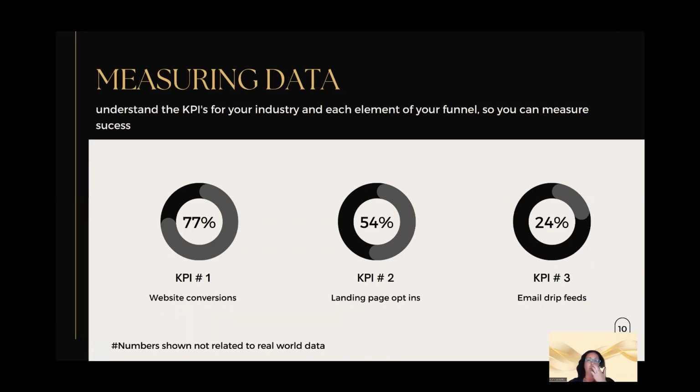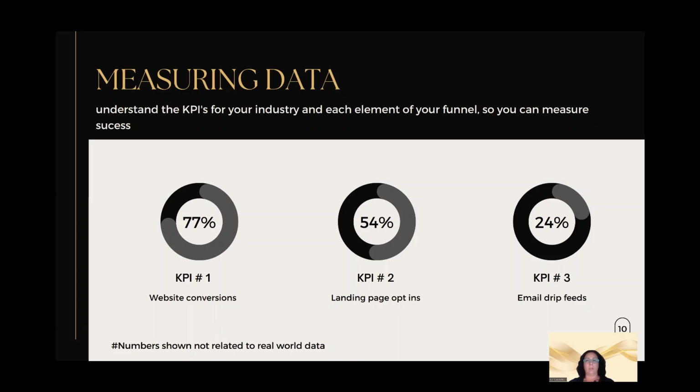Same with email, that's industry standard knowledge: how many emails should be opened, what your open rate is, what your click-through rate within that email is as well. Typically, it's like 70% with the first one, and it drops off to 20% after 5. These are the kind of key indicators that you can find out for your own niche.